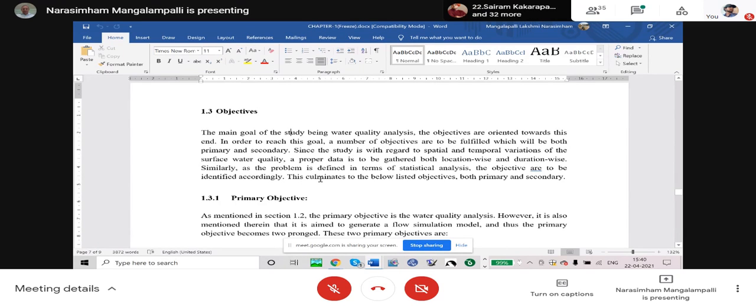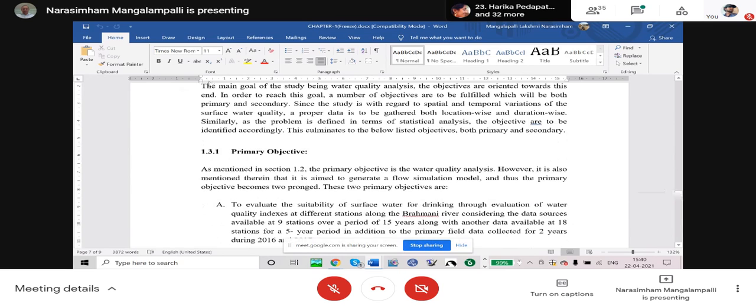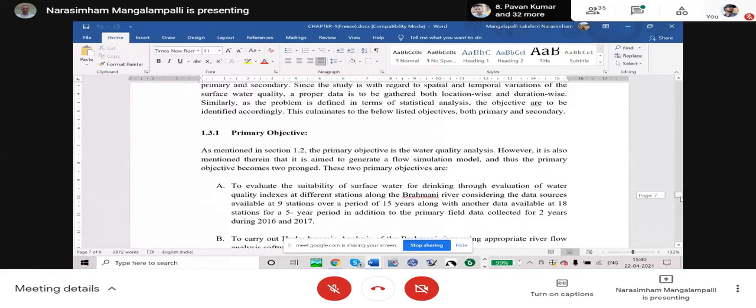This culminates in the below listed objectives, both primary and secondary. See, based on your research problem, that is the goal. So two primary objectives are identified here.